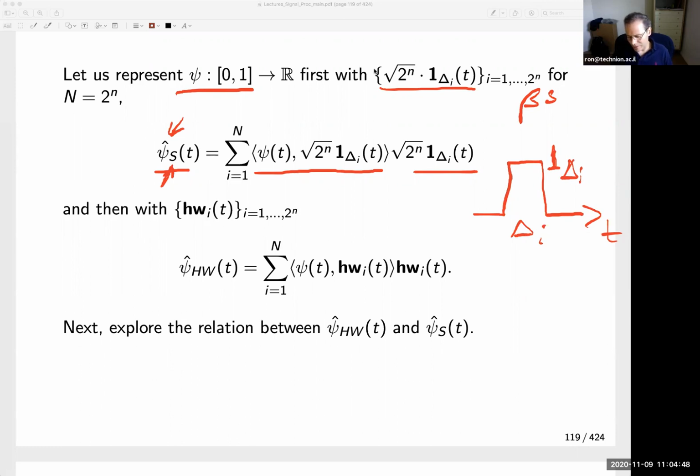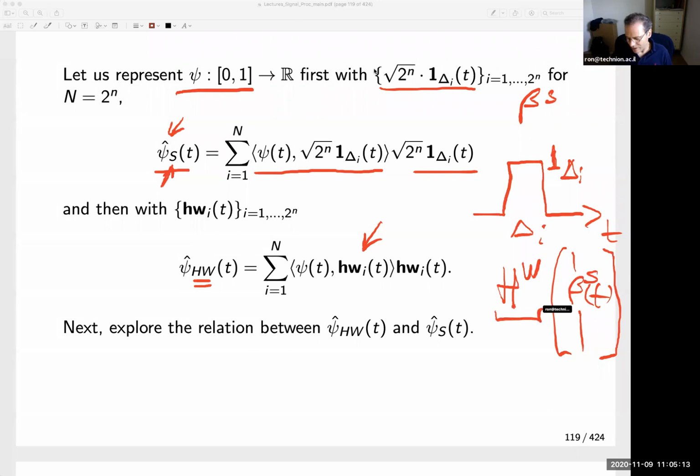Now, the next thing that we will do is the same trick, but representing the function with the Hadamard-Walsh set of functions. So we take the standard betas, and we take the Hadamard-Walsh unitary matrix, and we apply it to these, and we get these functions, the functions that we have plotted before.